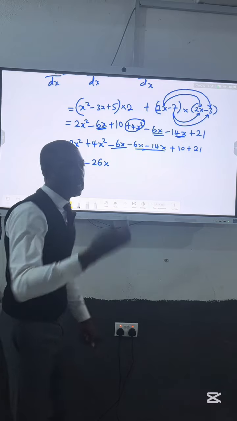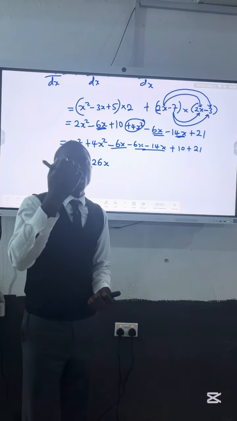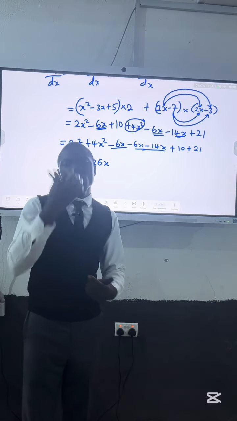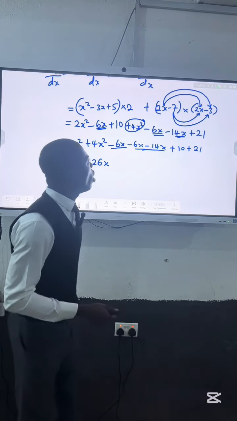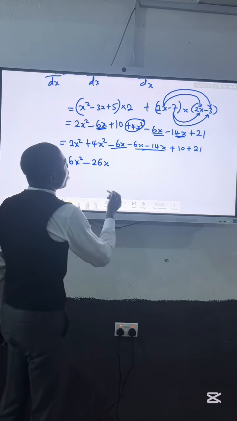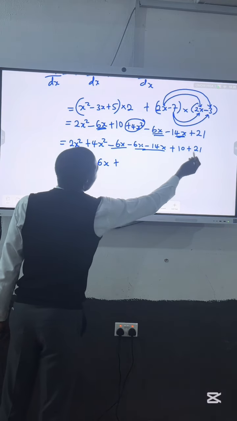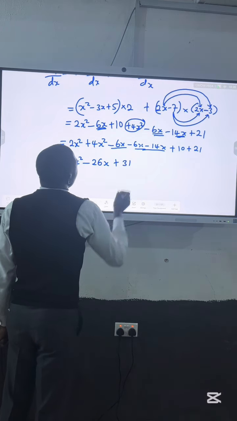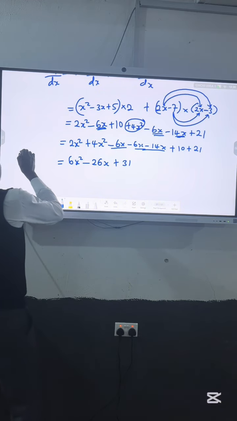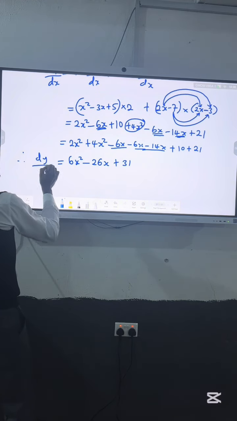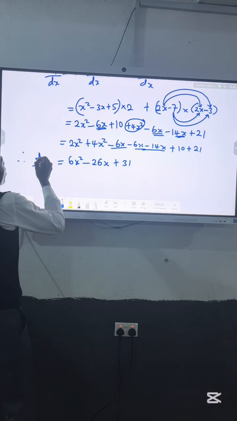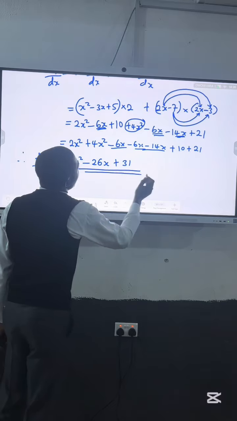Or look at it this way. Borrow 6, you have not paid, you have not returned it. Borrow 6 again, and then borrow 14. Altogether, you'll be owing 26. Then 10 plus 21 will give you 31. So we are going to say, therefore, dy/dx is actually equal to this answer.